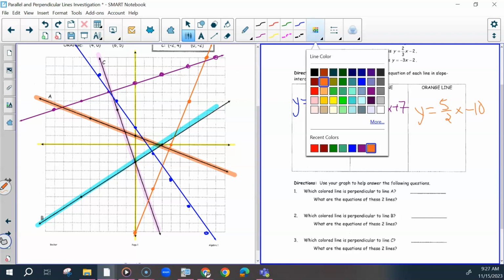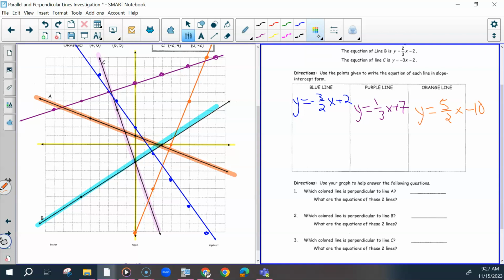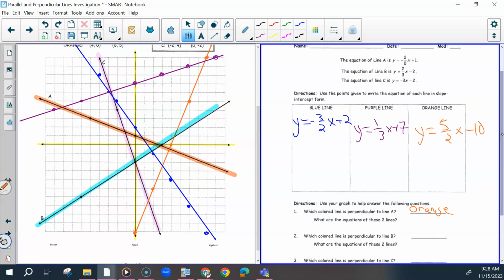The next part asks for the equations of the 2 lines, so you can write your orange and your line A equation. I'll make this bigger here. And then line B, which one goes like this?